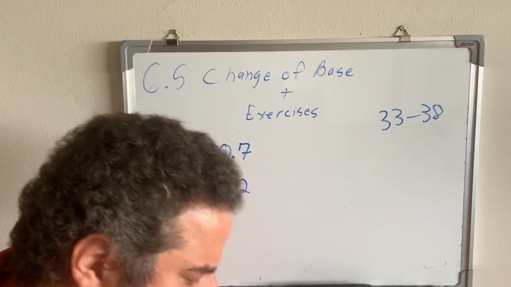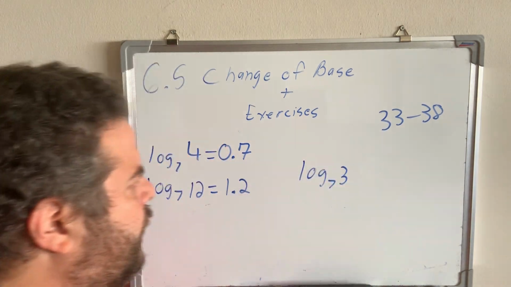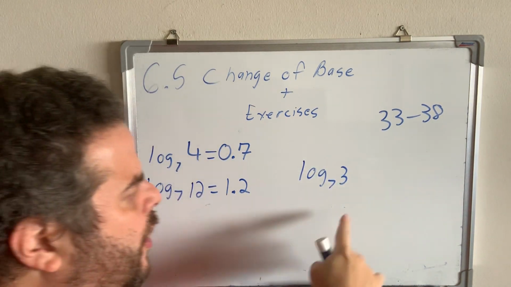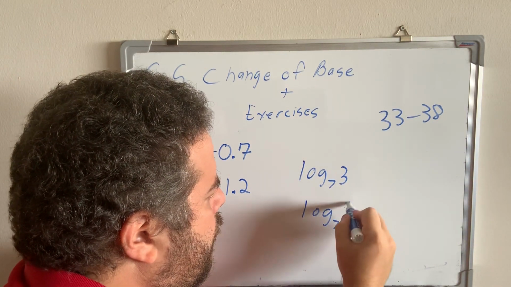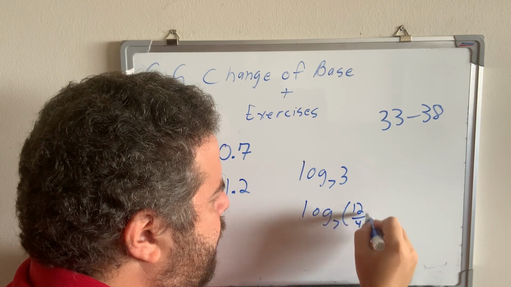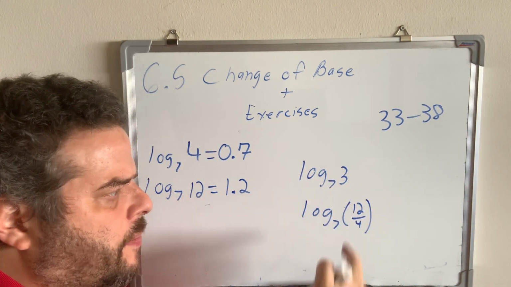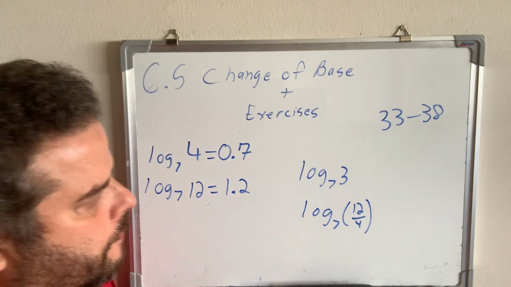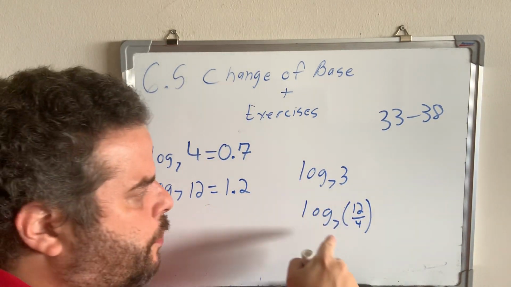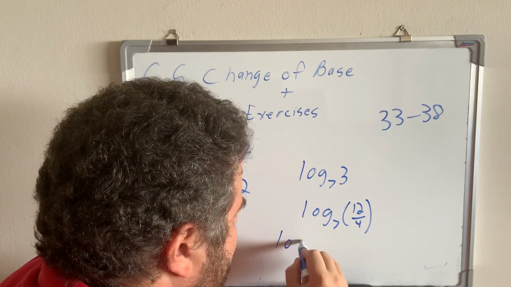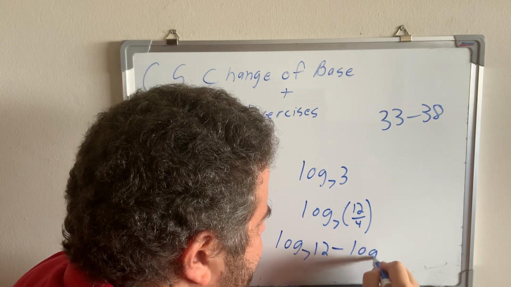Now, for example, in the first exercise, I have to reach log base 7 of 3. Using these numbers, how do I end up with a 3? Very simple. 12 divided by 4 is 3. Now remember, when you have a division, it's the log of the numerator minus the log of the denominator, with the same base.